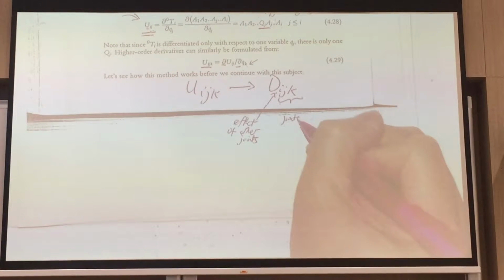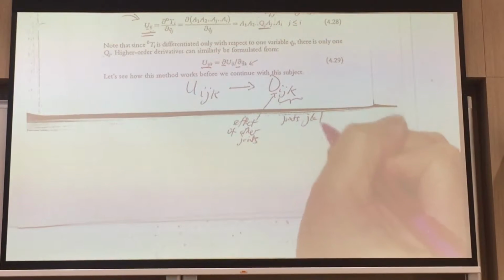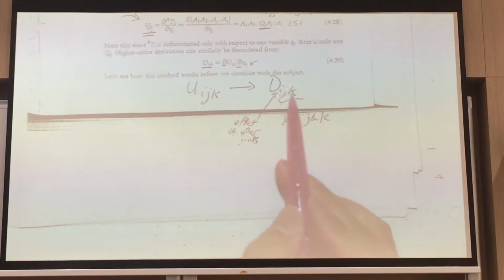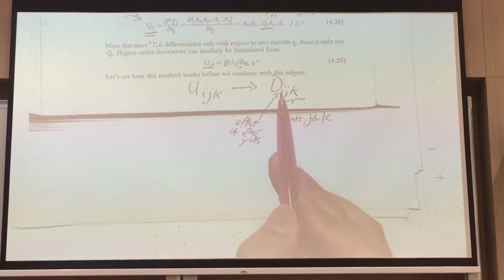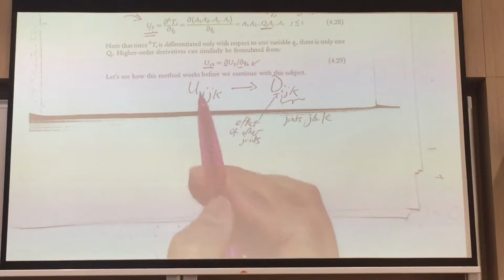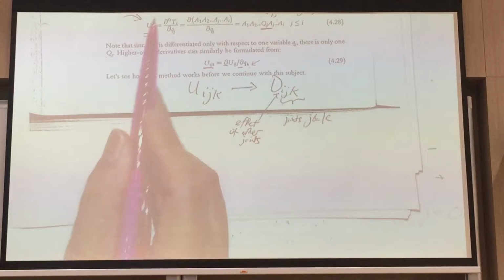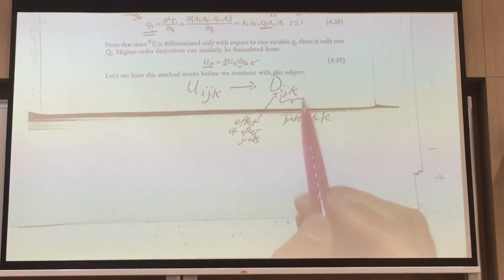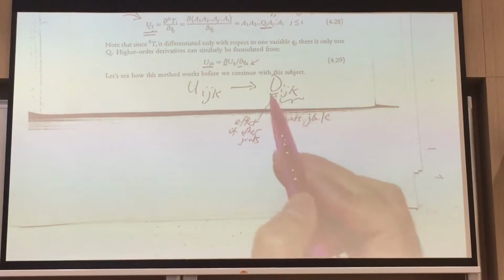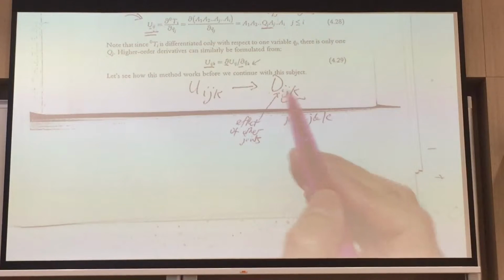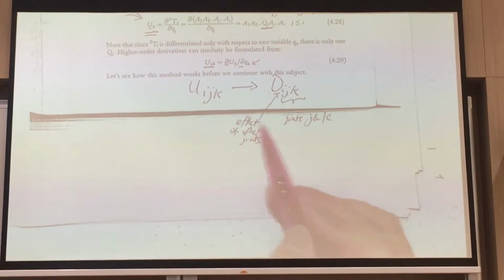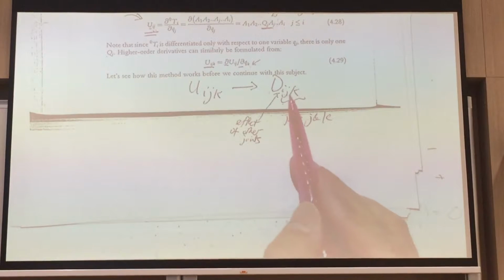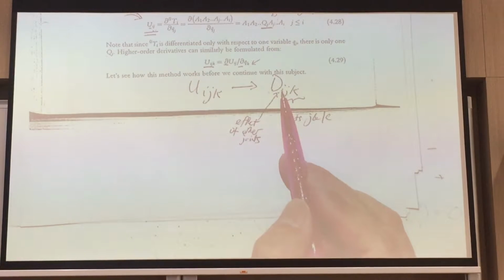Joints j, k. These two joints will have an acceleration at joint i. So why do we have to calculate Uij, Uijk? Because later on we are going to calculate the matrix for the inertia D. And D is caused by the coupling effect of all the other joints to the current joint.